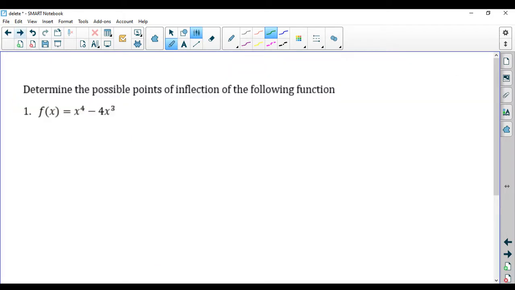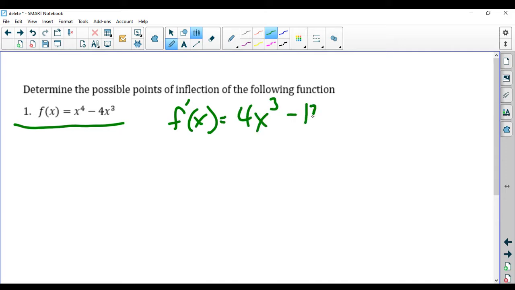So I'm going to give you two quick examples of that. They're very simple, especially if you understood what was going on before this. So for this first function, to find the points of inflection, we just have to find the second derivative. It's a polynomial function, so that's going to be very easy. 4x cubed minus 12x squared is the first derivative.